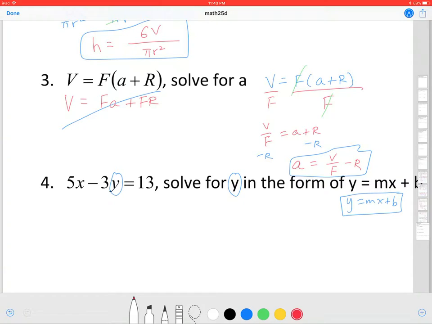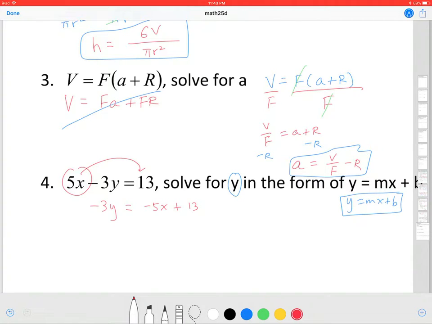I don't want the 5x to be here, so I'm going to move it over: negative 3y is equal to negative 5x plus 13. I move this term over to this side.